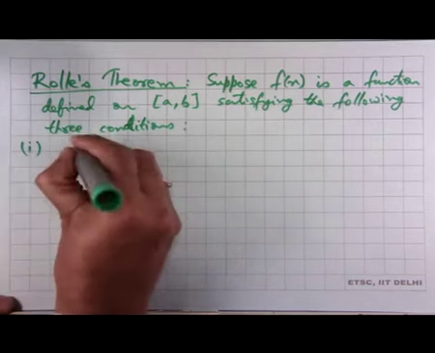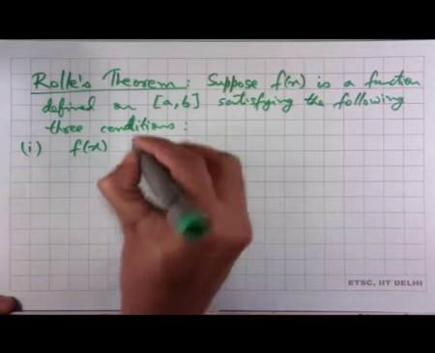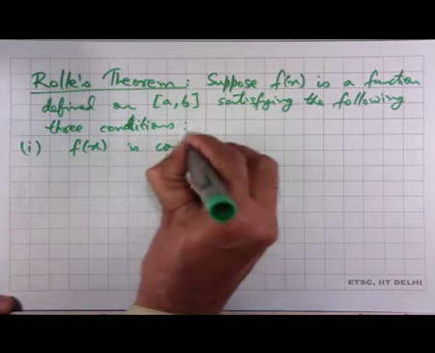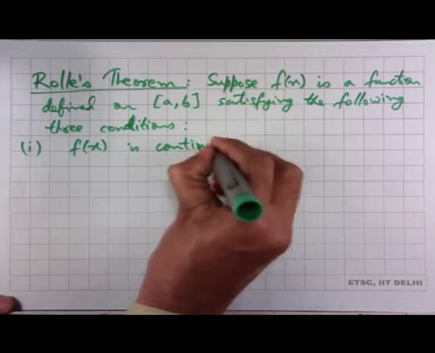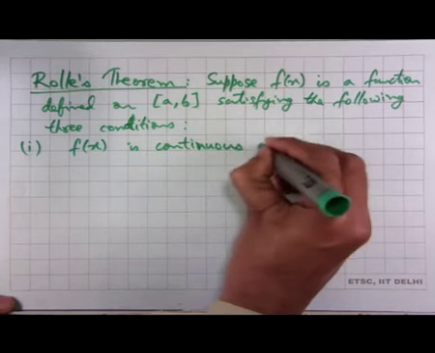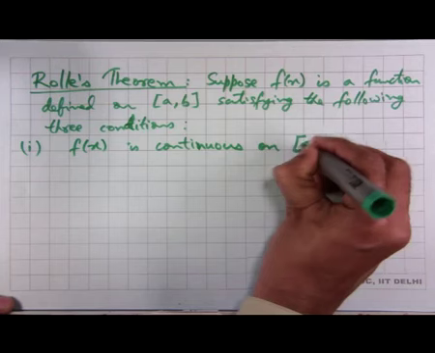First one is that we require f of x to be continuous on the closed interval a b.